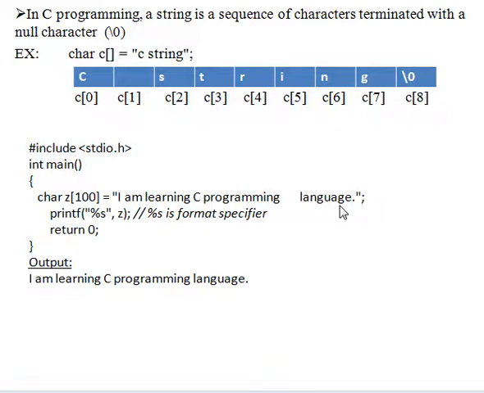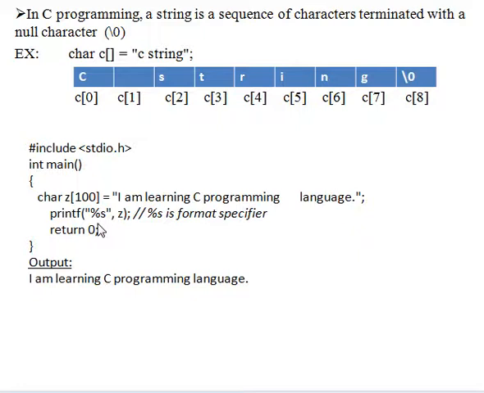So in array z we have the string "I am learning C programming language." Next, I am using the printf function: printf("%s", z). printf is the output function; it prints the output. %s is a format specifier.